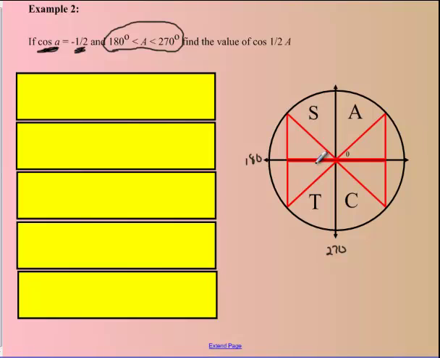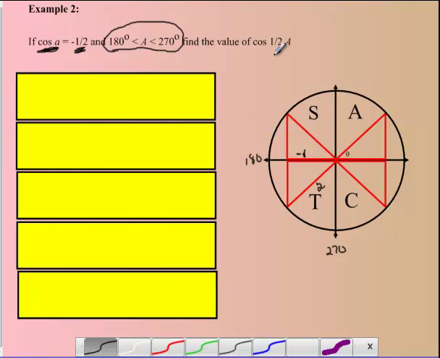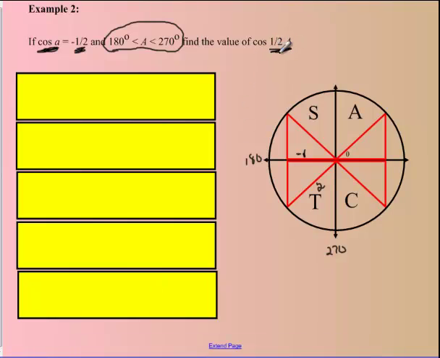So I know if I were to fill in this triangle, cosine is adjacent over hypotenuse. What do they want me to do? They want me to find the cosine of half of that angle. Now, we don't know what the angle is, but once we find it, we want to take half of it.